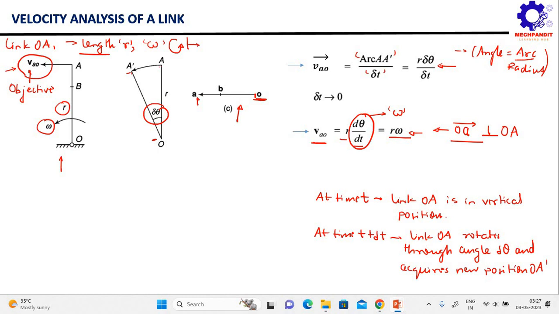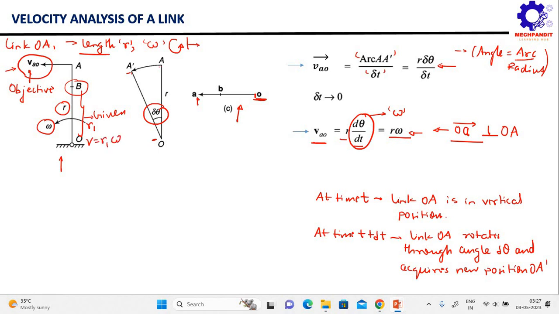Now let's move ahead and see if somewhere we take a point B on this link. Let's say I am giving you the length OB, right? This length OB is given to you, and somewhere on this link OA we mark this point B. Now let's see how to calculate the velocity of this point B. One simple approach is, if we take the length of OB as R1, this will simply become V equal to R1 omega.